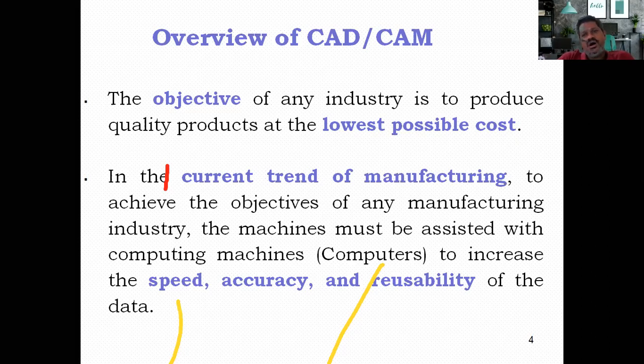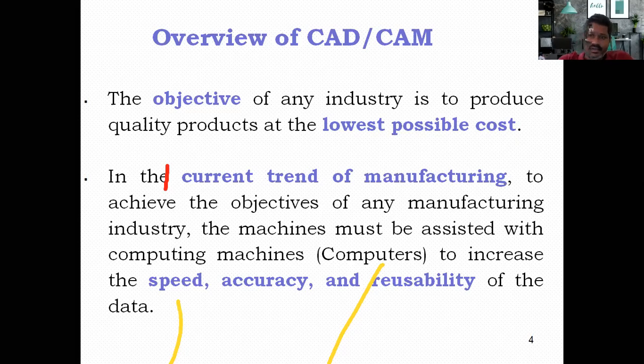If you are able to design the component, or produce the component, with an optimized design, and with that optimized design concept you are able to manufacture that component at the lowest possible price with high quality, that becomes the objective of any industry.